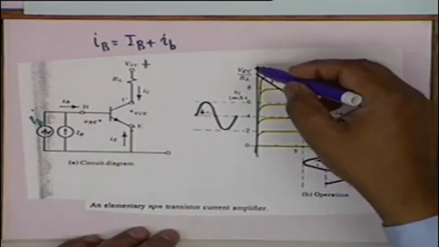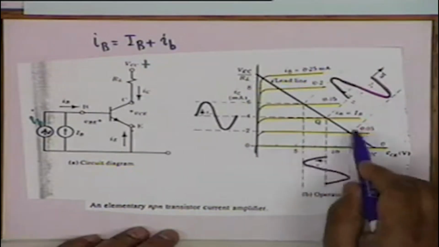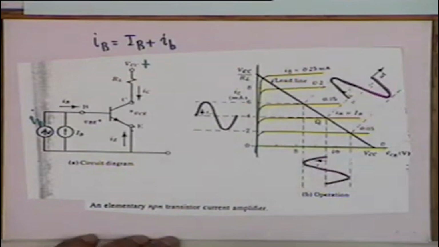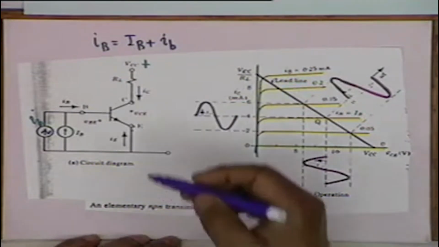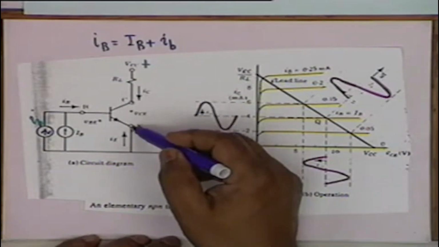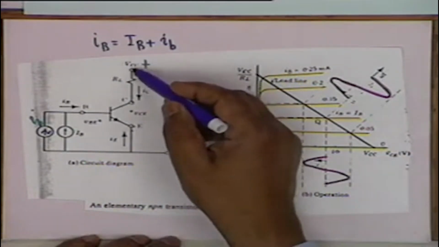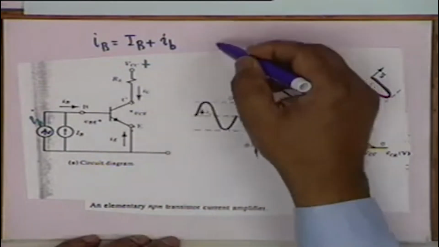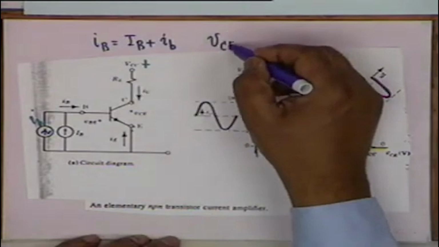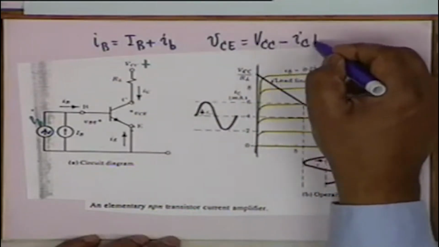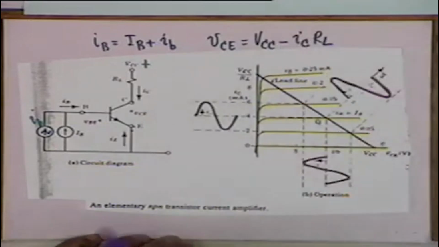Now, if you look at the characteristics, we have plotted the same characteristics again. In addition, this red line simply specifies the fact that VCE, the collector to emitter voltage, must be the supply minus the drop in RL. That means VCE is equal to VCC minus I sub C times RL, which is the equation of a straight line.